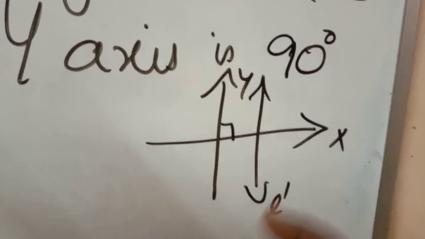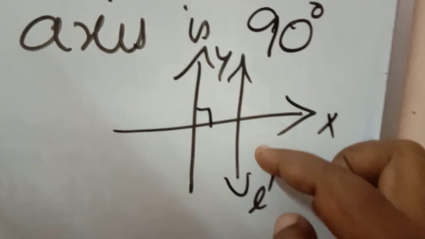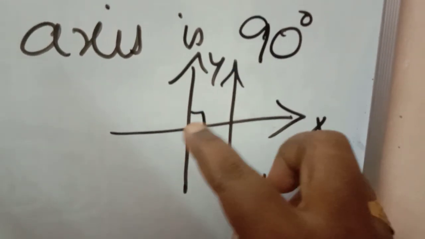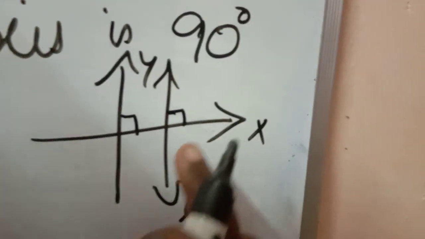At the same time, the angle of inclination of a line parallel to the y-axis. This is a line parallel to the y-axis. It will make 90 degrees with the x-axis.